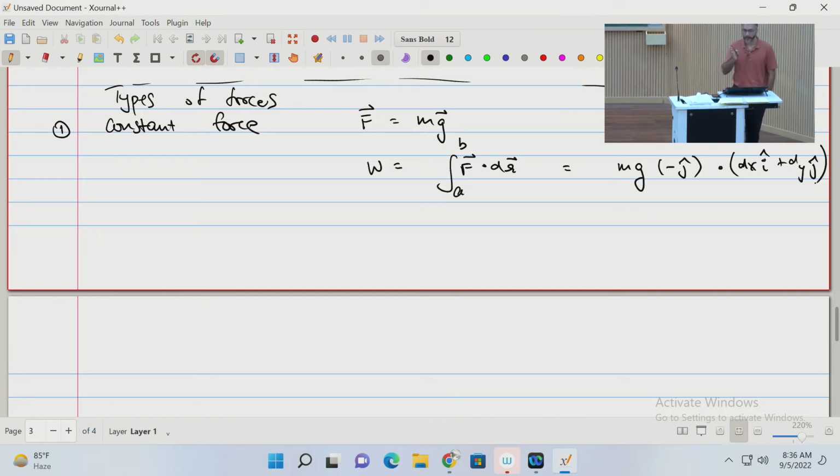Now dr is a displacement. So dr has components along x and y. So dx along i hat and dy along j hat. We do a dot product. Let's say y goes from 0 to h in this case. So this becomes minus mgh.